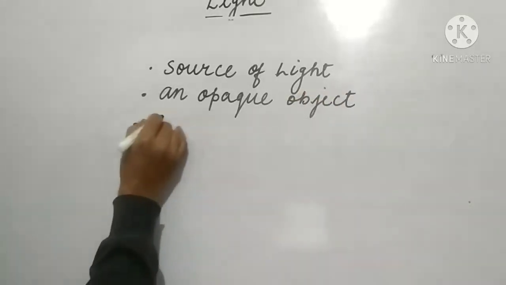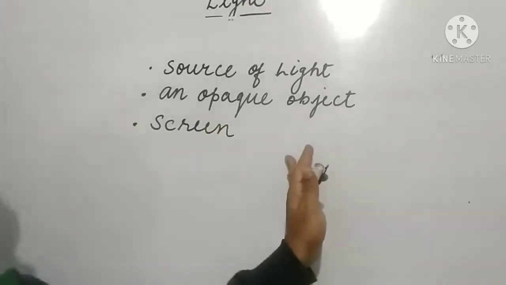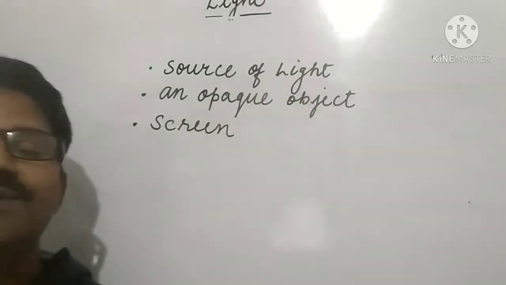And third is screen. So these three things are needed for the formation of the shadow.